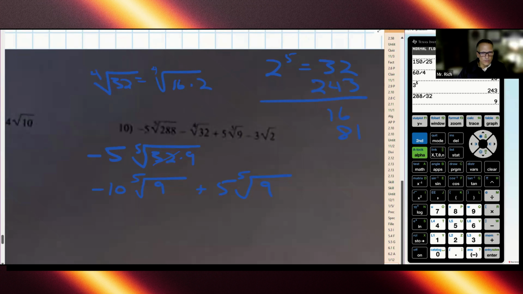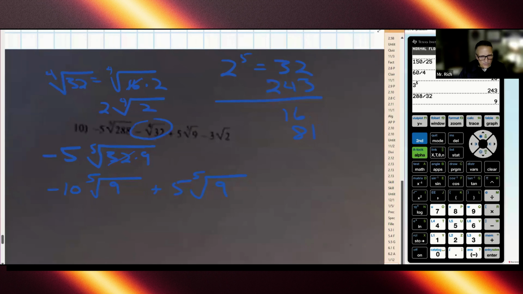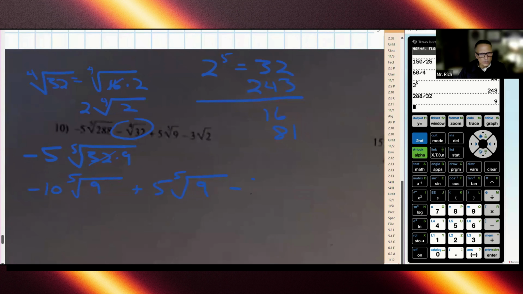I pull the 16 out as its fourth root, 2, leaving behind the 2. So I'll tack that on. This is a minus right here. So the next part of this answer is going to be -2 times the fourth root of 2.